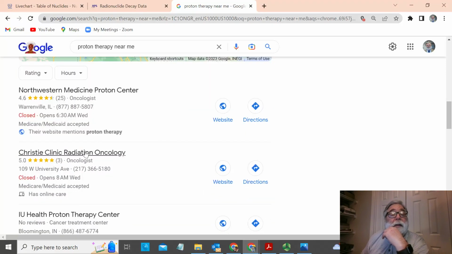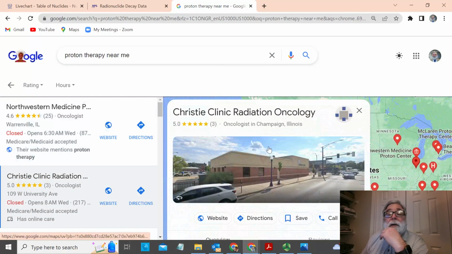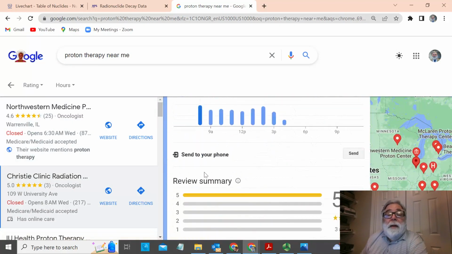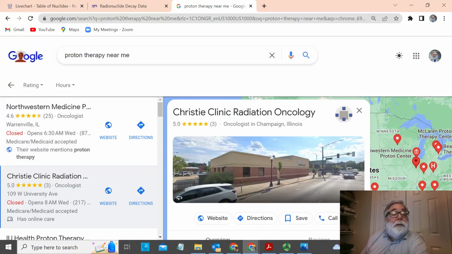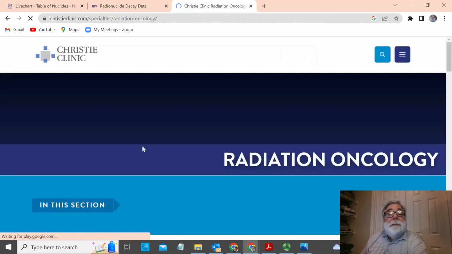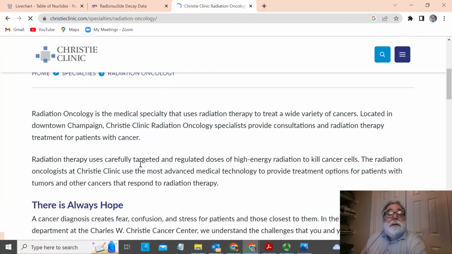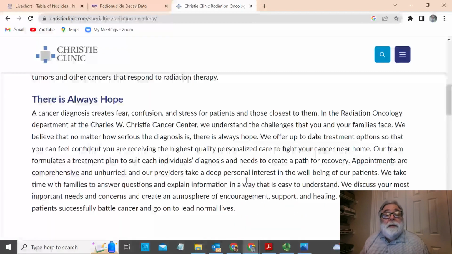So let's see, Christie Clinic Radiation Oncology. Is the Google search just simply wrong? I don't think that they have proton therapy there, but I could be mistaken. So let's go to their website. Technology specialists. I'm sure they have a linear accelerator. I know the physicist there, unless he's retired recently.